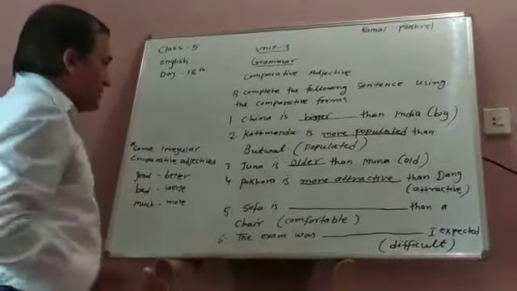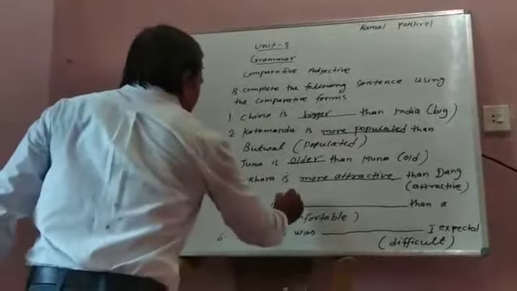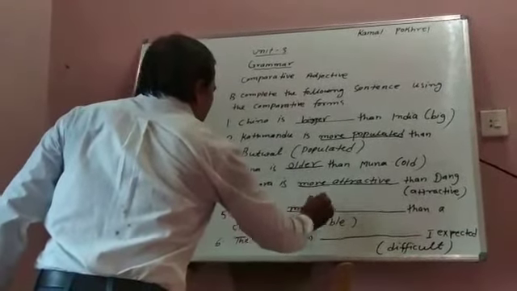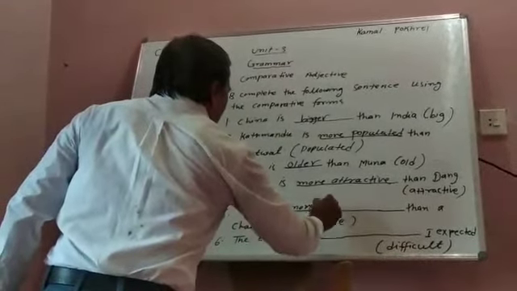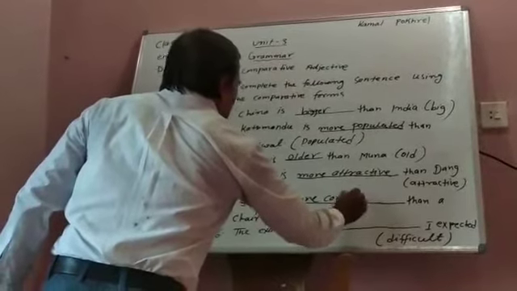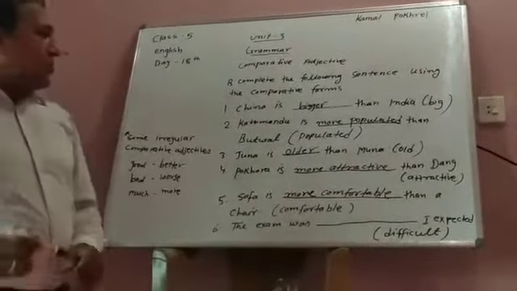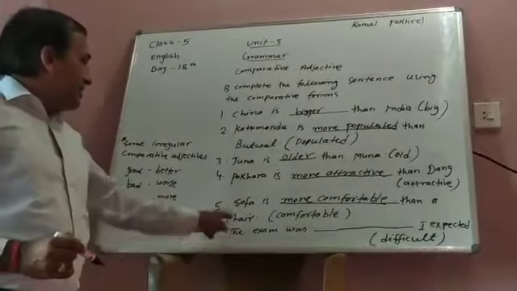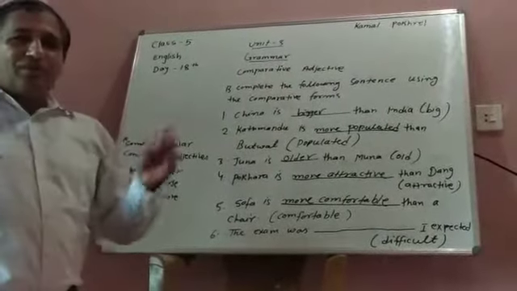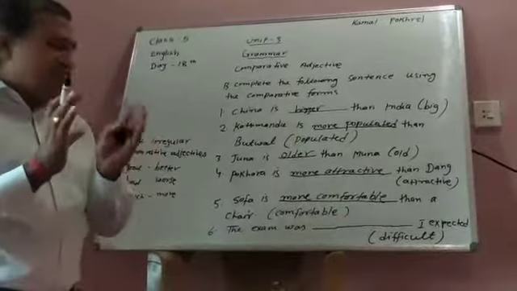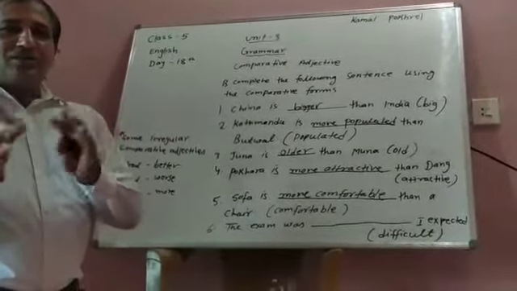Question number 5. Sofa is, here also we use more. More comfortable. Sofa is more comfortable than a chair. The sofa is compared with the chair.